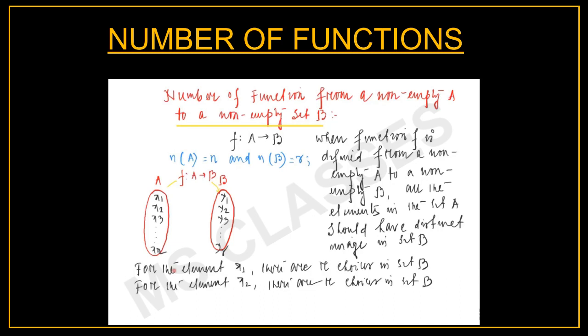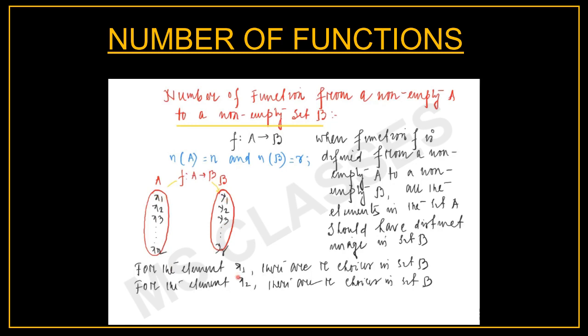Now, here you have to understand one thing. As I have given an example earlier for the function, for understanding function, you can consider that here we have a set of students in a class, and here are their birthdays. Now, one student can have one birthday, two students can have the same birthday, but one student should not have two birthdays.